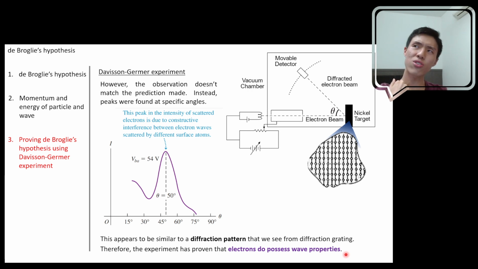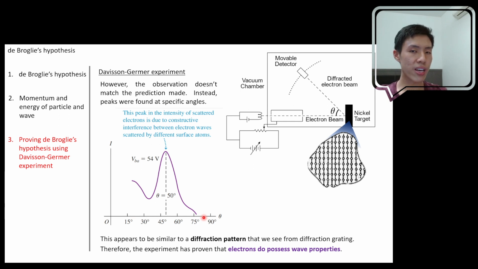Okay, so to sort of summarize, the idea is that we were expecting a normal kind of reflection in which it reflects back to the left. But through Davisson and Germer's observation, the pattern of the scattered electrons seems to have a peak at a certain angle over here, and the kind of pattern that we observe over here is very similar to a diffraction pattern, in which you have bright fringe, dark fringe, bright fringe, dark fringe, something like that.